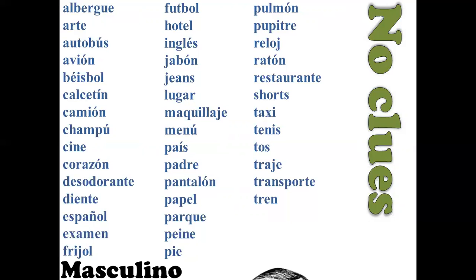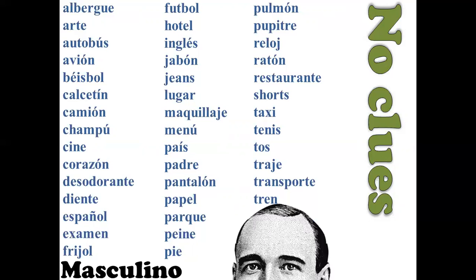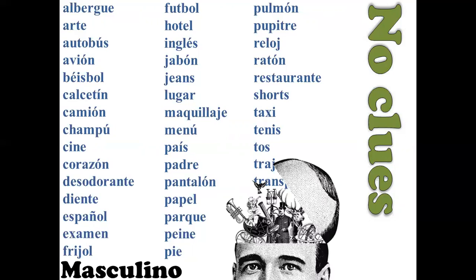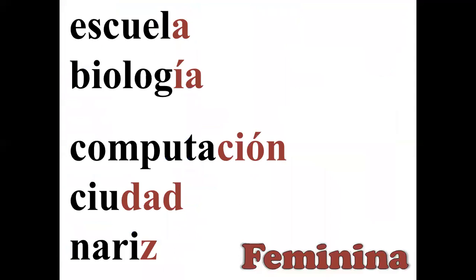So what do you have to do? You have to memorize them. When you're learning a new noun in Spanish, you always have to memorize if it's masculine or feminine, so that you can then use the proper adjectives and the proper articles. That information is important. So you do have to memorize a new noun's gender every time you learn one.